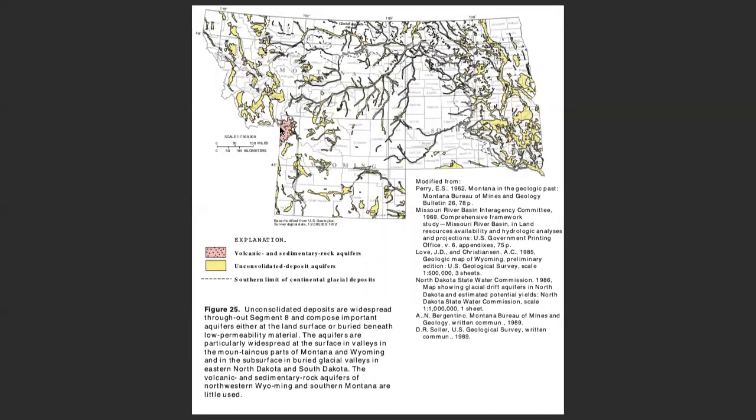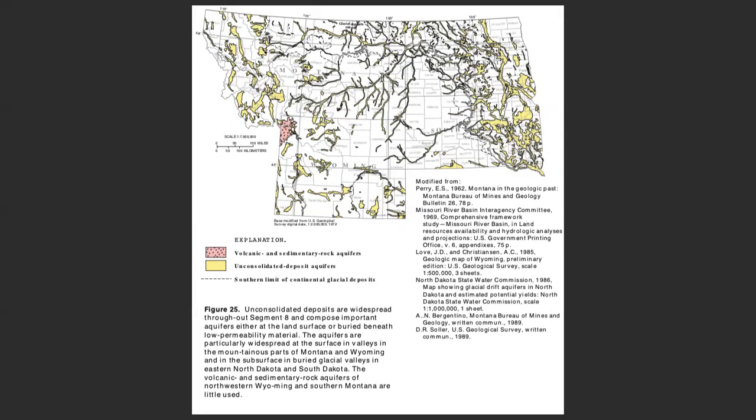This now is a map of the aquifers, the alluvial aquifers. And all I want to point out here is that in every alluvial deposit is an alluvial aquifer, right? And they follow the big rivers. So here's the Bitterroot River alluvial aquifer system, the Clark Fork River alluvial aquifer system, the Flathead, Swan, and Flathead River alluvial aquifer systems.